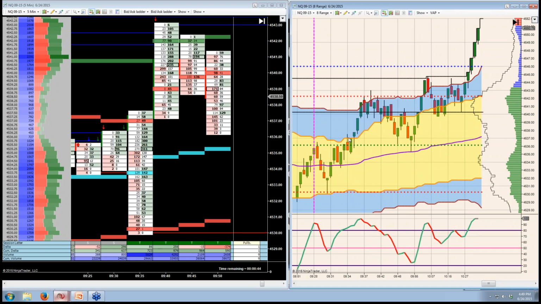So right here, when we got the break of this area is around 9:34 this morning, as long as I had more buyers than sellers, I could go ahead and take that. Up here, when we broke outside the top level, as long as I had more buyers than sellers, I could take that. Now, like I said, this number is constantly changing.